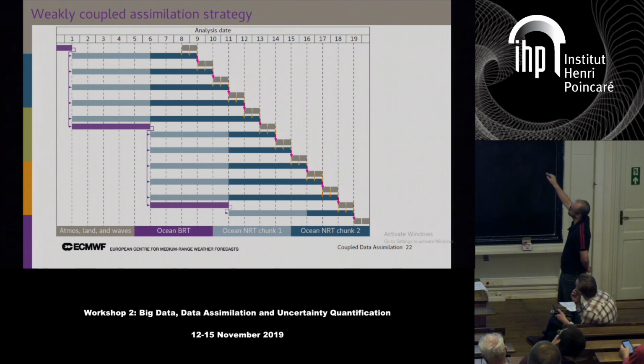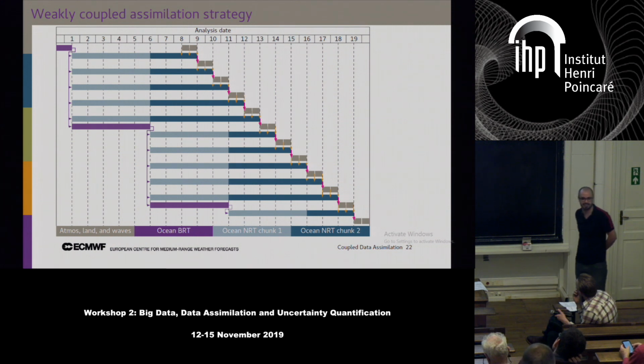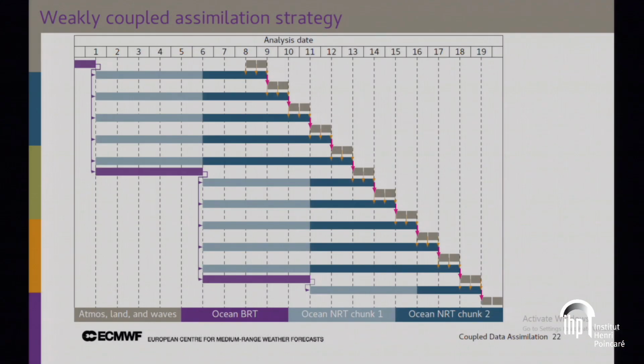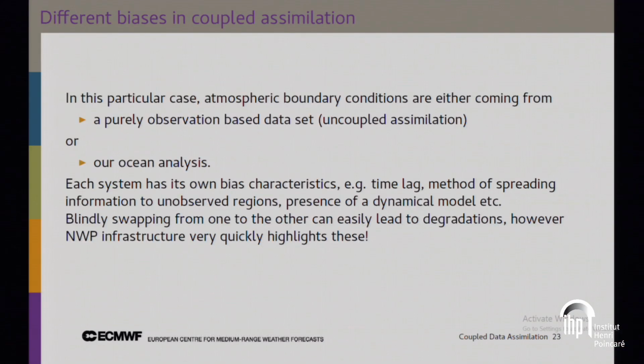And once we've done our ocean analysis, the boundary conditions from the ocean analysis will go into our next atmospheric analyses. So in this way, we don't have immediate observation impact between the two systems, but because we have this staggering, we have this delay, it falls into this category of weakly coupled assimilation with an implicit 24-hour coupling period.